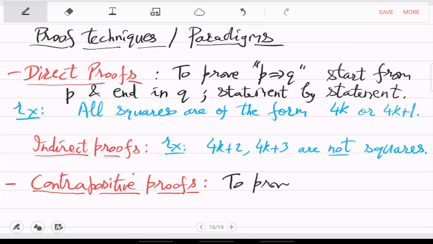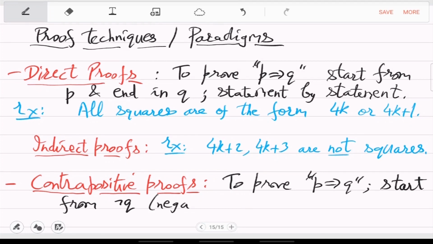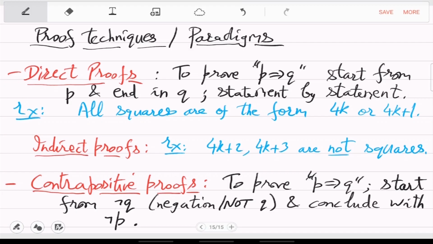To prove P implies Q, what you do is start from negation Q. This will be our notation for negation of Q, or not Q. Start from this and deduce or conclude with negation P. And somehow that magically means that P implies Q.